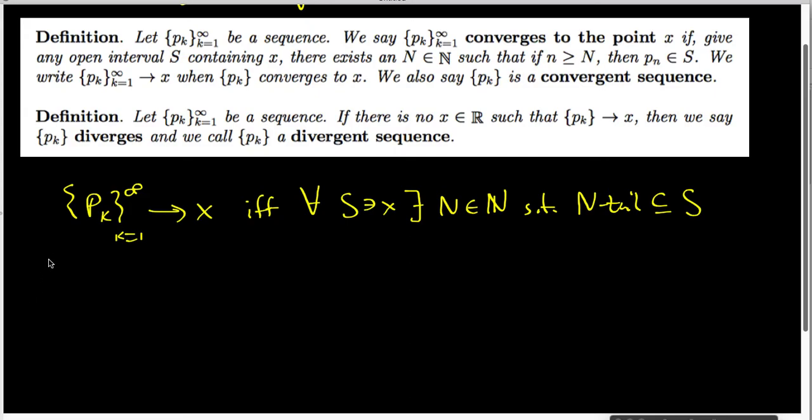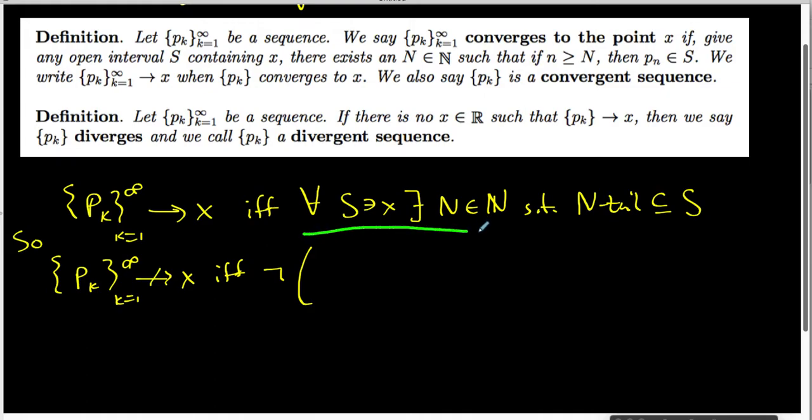So what this means is that the sequence does not converge to a particular x if and only if we have the negation of this whole mess.